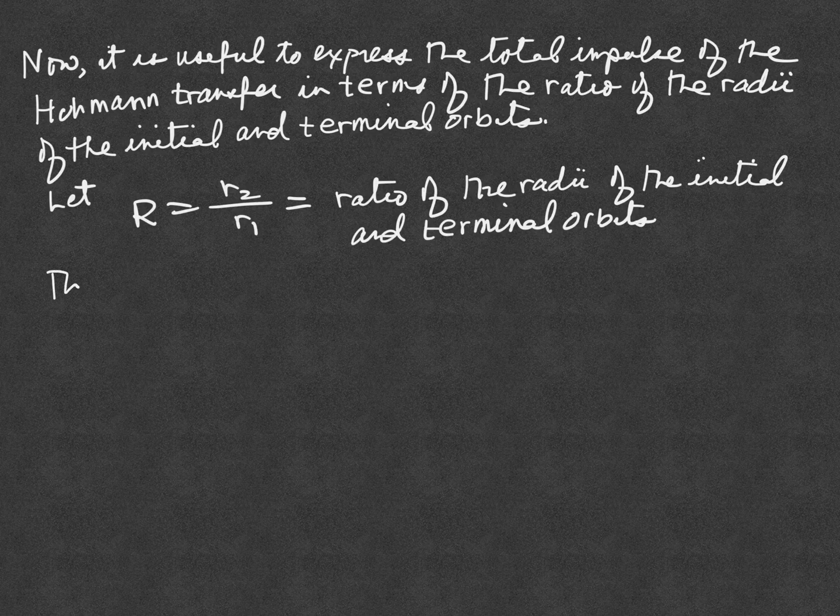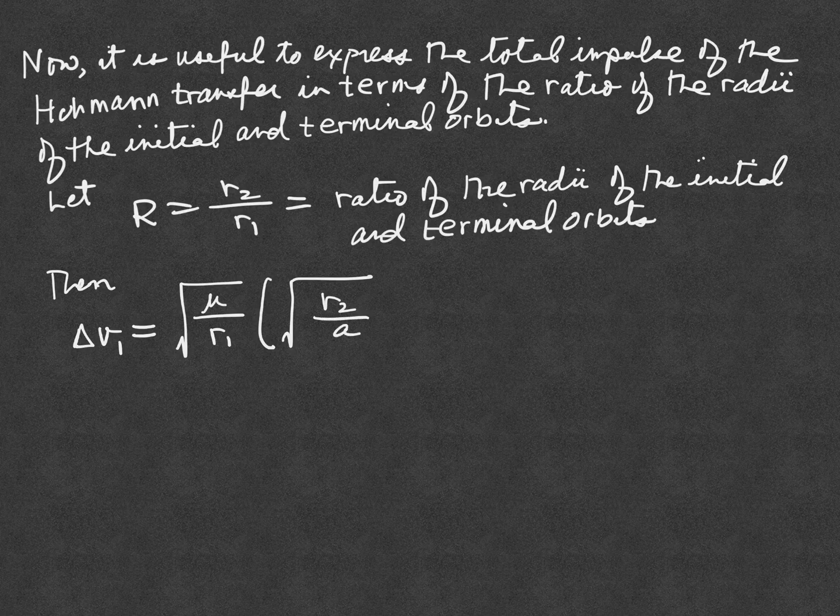So then we have that delta V1 is equal to the square root of mu over R1 times the square root of R2 over A minus 1.